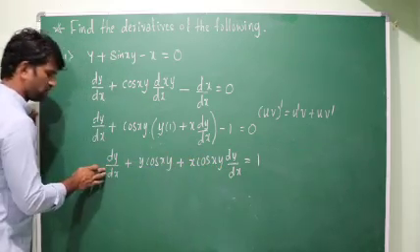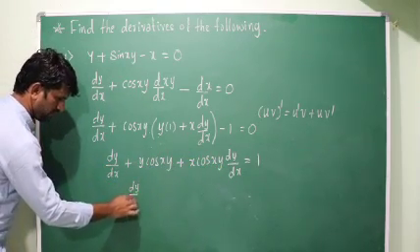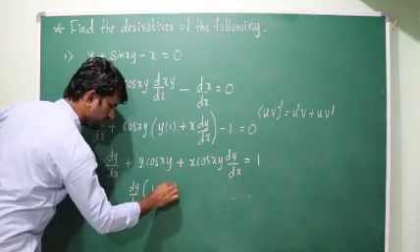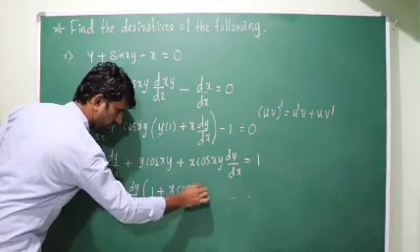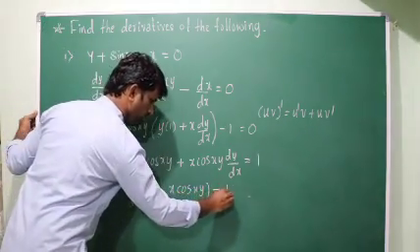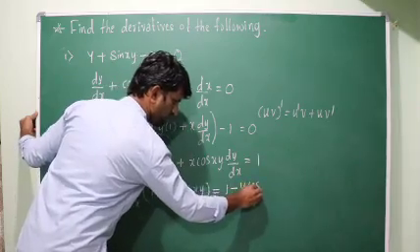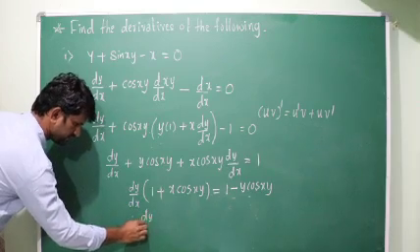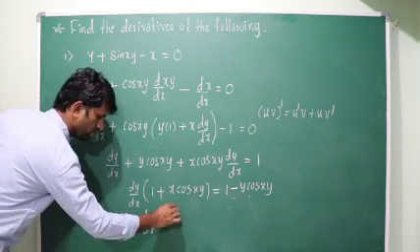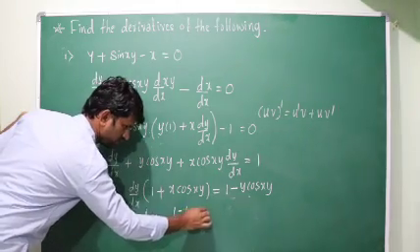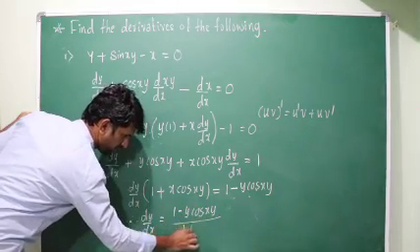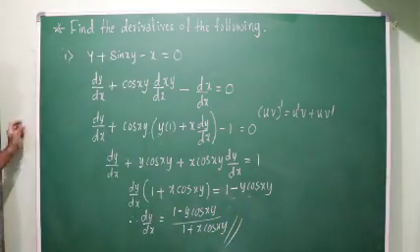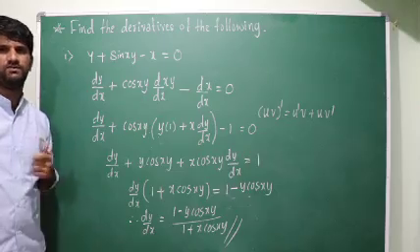Take dy by dx common from these two. dy by dx into 1 plus x cos xy is equal to 1 minus y cos xy. So therefore dy by dx is equal to 1 minus y cos xy divided by 1 plus x cos xy. This is the solution for this implicit function.